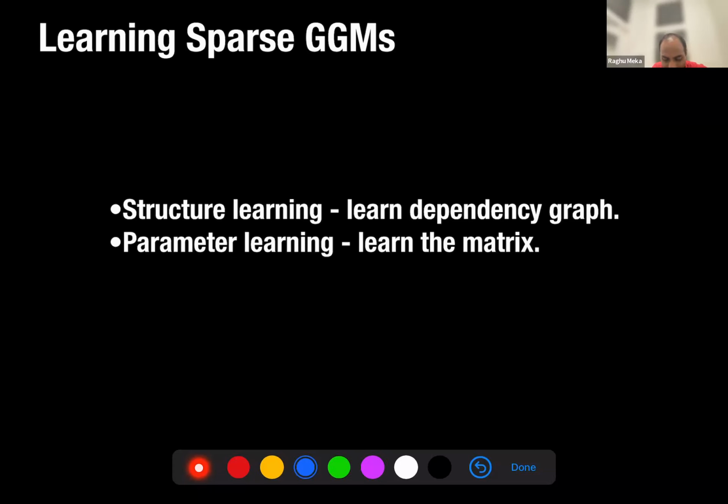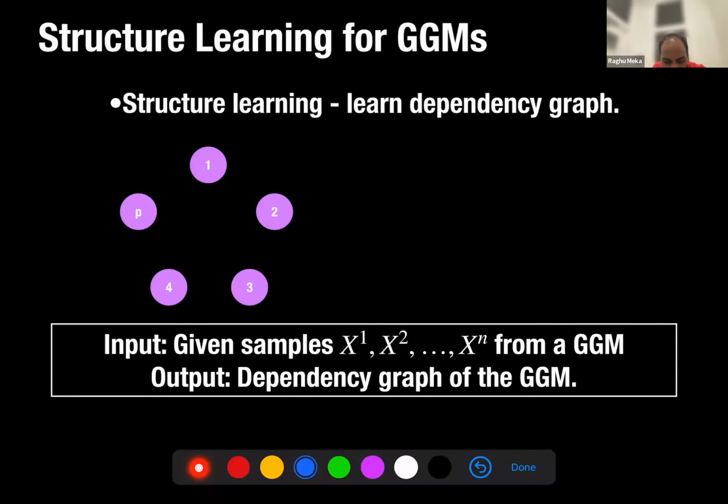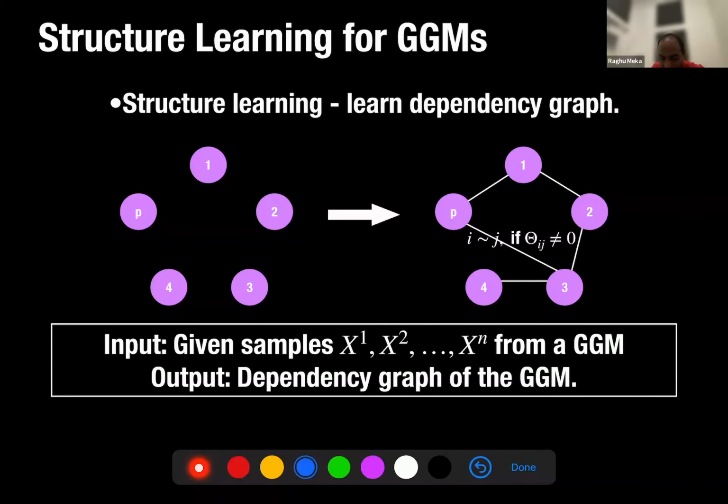Structure learning means we're given samples x1 through xn from a GGM, and our output should be the dependency graph of the GGM. I don't know which nodes are actually present here. I look at the samples and somehow I need to infer, okay, this edge is present, this edge is present, this edge is not present, and so on.